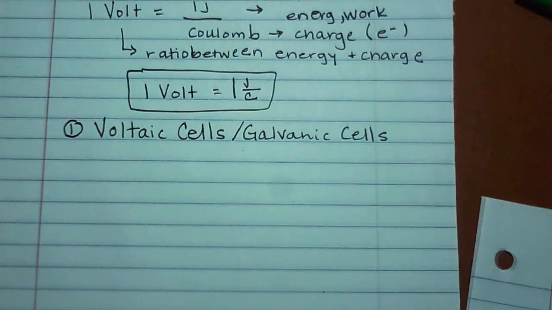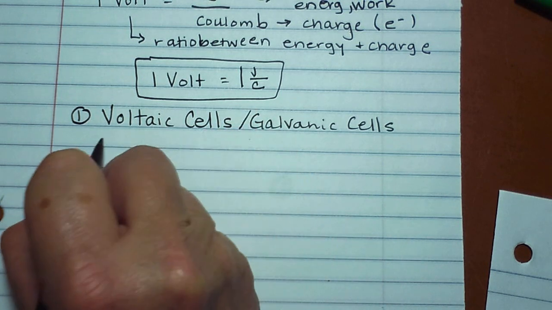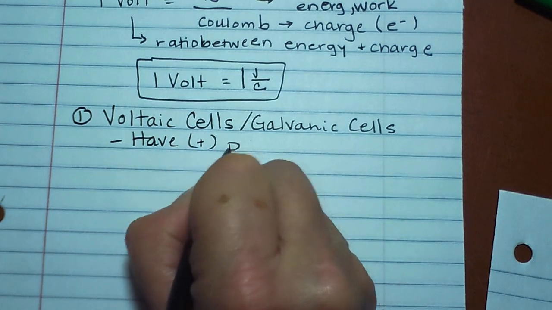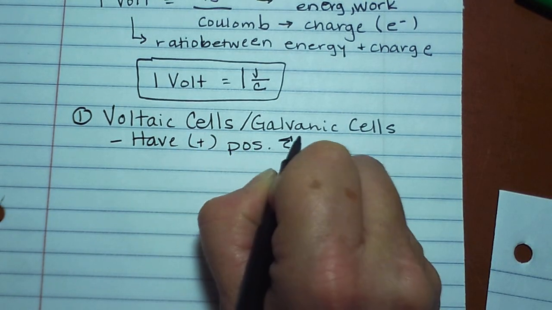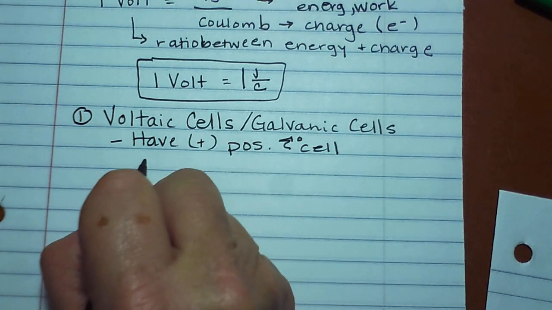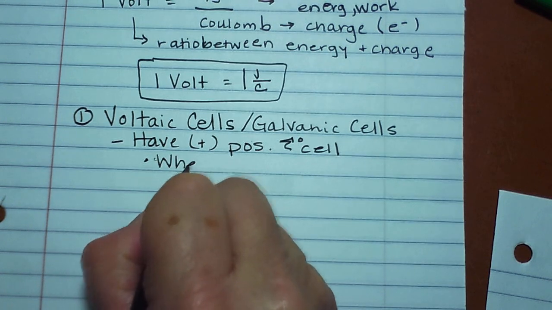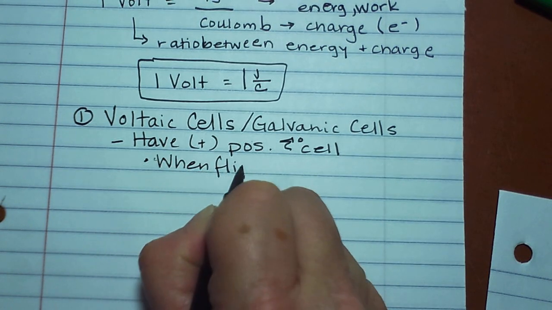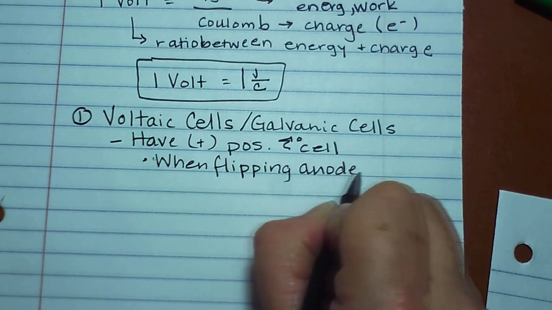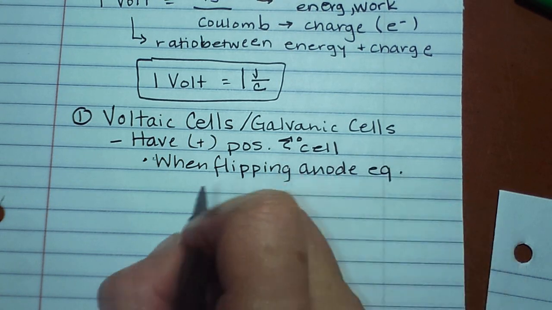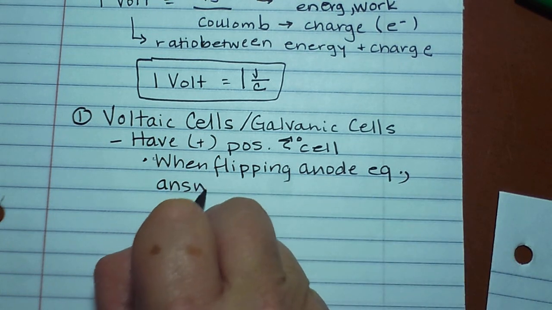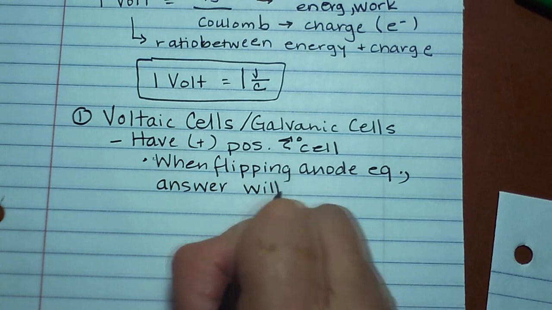So let's write that down. Okay, voltaic cells have positive cell potentials. So when you flip the anode equation, the answer will be positive.